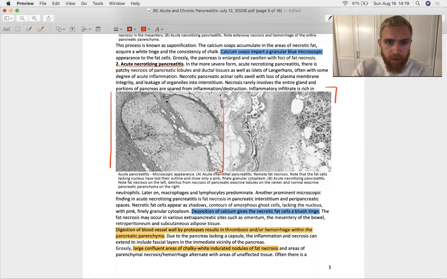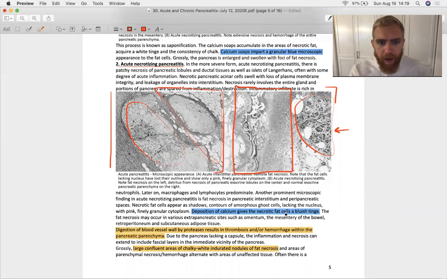You can see fat necrosis in the upper right triangle of this image, and then more fat necrosis straight through the middle. Basically, only fat necrosis is what you're seeing there. Compared to the right side, this is necrotizing pancreatitis. You've got some semblance of normal acini over here, normal exocrine pancreas, but the entire right side of this image is entirely fat necrosis.